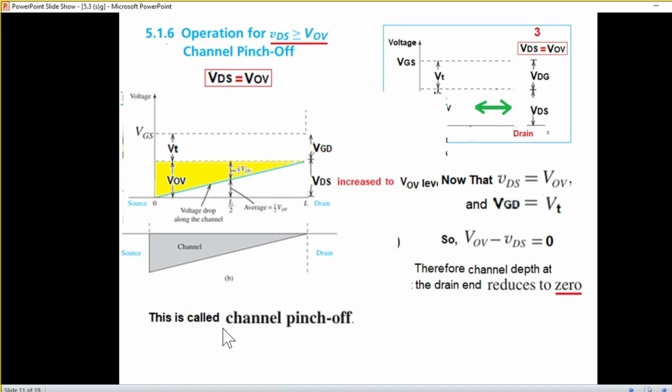Now here you can see one more very important point. The end where it has become very sharp is called the pinch off point, or it has pinched off. Pinched off does not mean that it will stop current flowing, but what it means is it will allow a very thin or very small, constant current flowing through the channel.